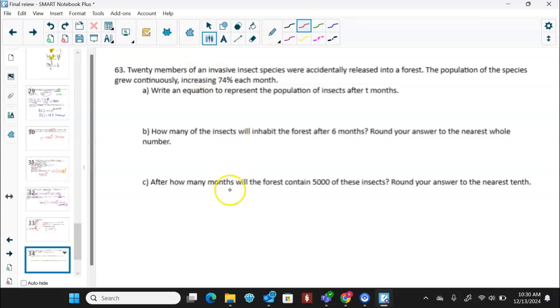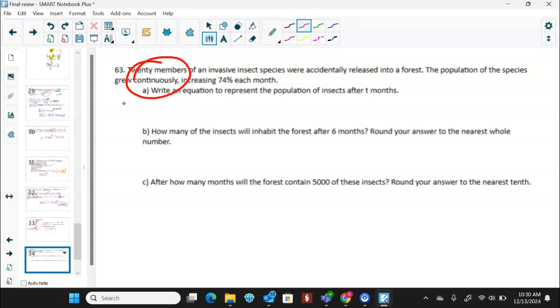Question 63. 20 members of an invasive insect species were accidentally released into the forest. The population of the species grew continuously, so there goes the word continuously, increasing 74% each month. Write an equation to represent the population of the insects after 4 months.